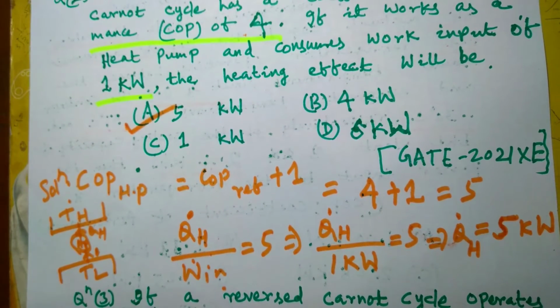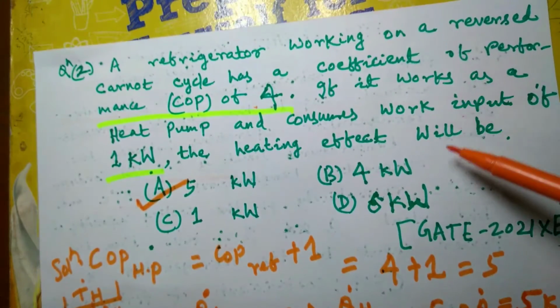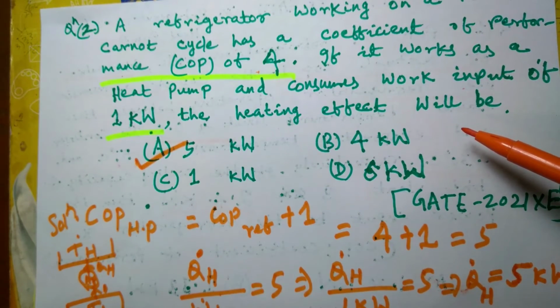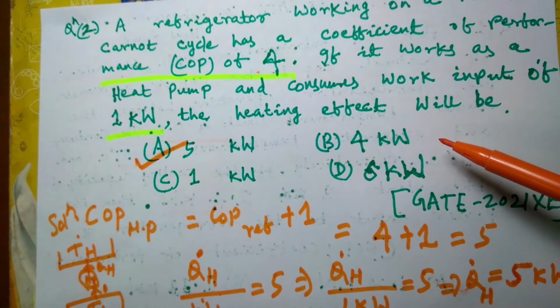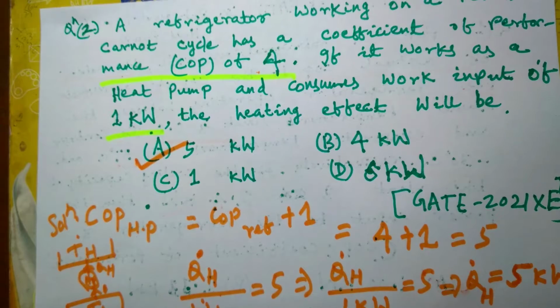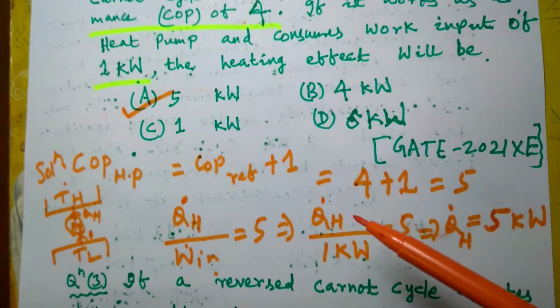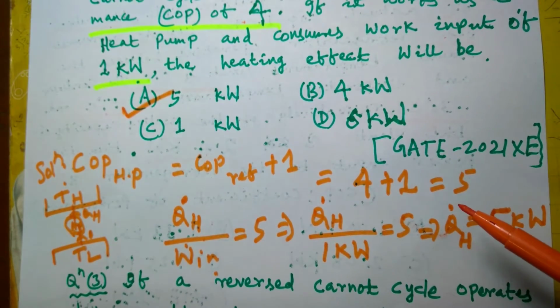5 kilowatt. COP of refrigerator is given, heating effect is required to be found out, and work input is given to be 1 kilowatt. You know, COP of heat pump is always greater than COP of refrigerator by 1.